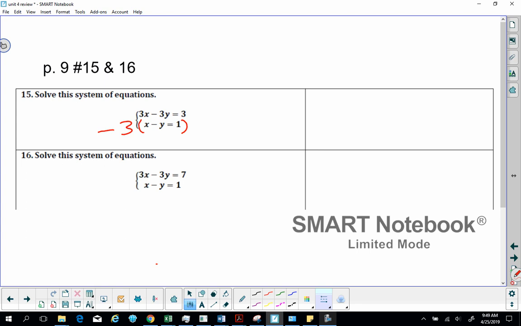By -3. And if you multiply that equation by -3, you get -3x. What's -3 times -y? Positive 3y.